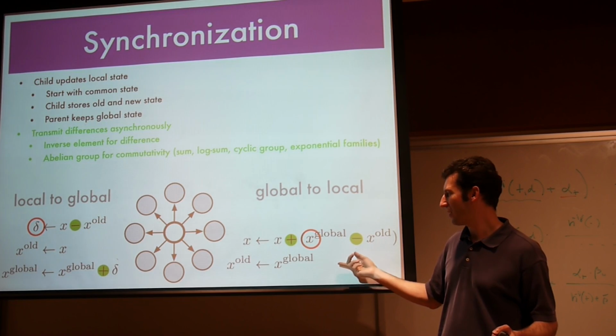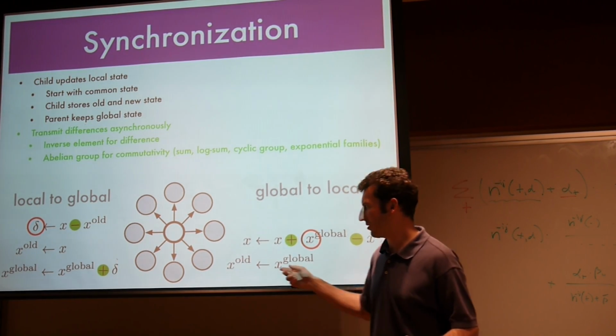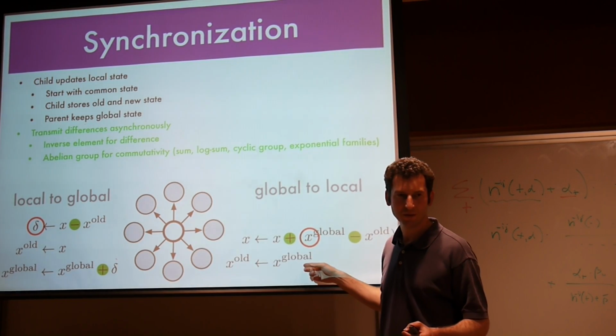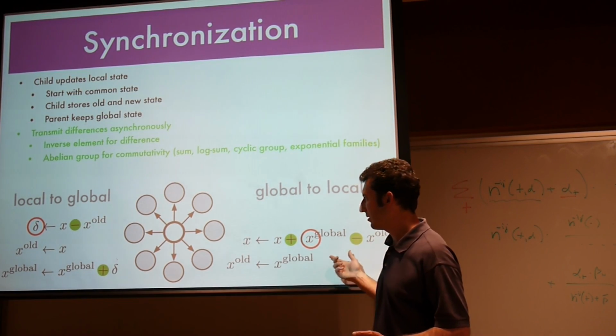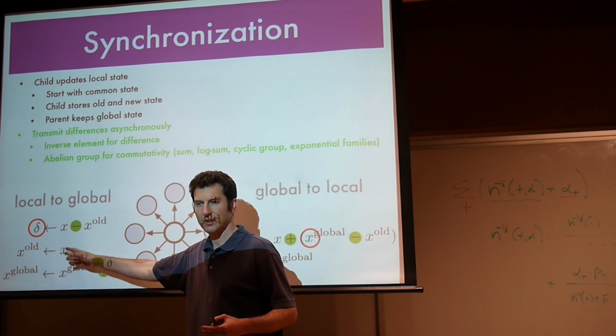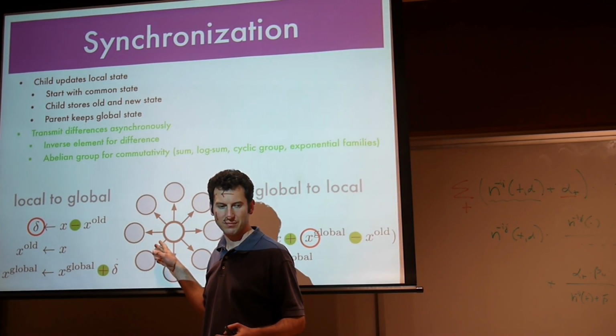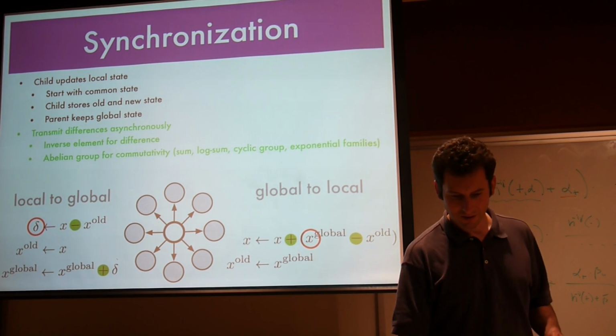So this is actually quite a bit more convenient. You could make this into a symmetric protocol if you wanted to. We don't do that because it's much more efficient to keep things asymmetric, because then you have to send shorter messages upstream.